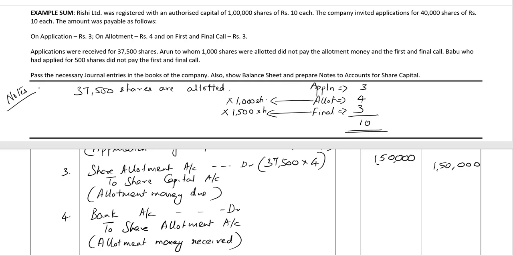We must remember that in respect of 1,000 shares of Arun, we did not receive the allotment money. So the amount of allotment money received is 36,500 shares multiplied by 4 rupees per share, which comes up to 1,46,000 rupees.